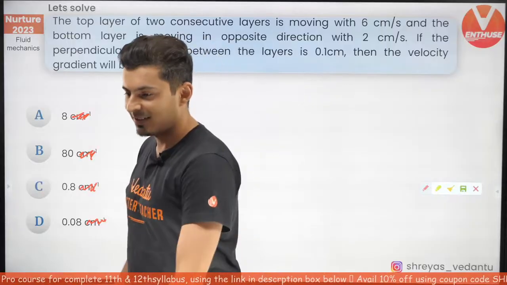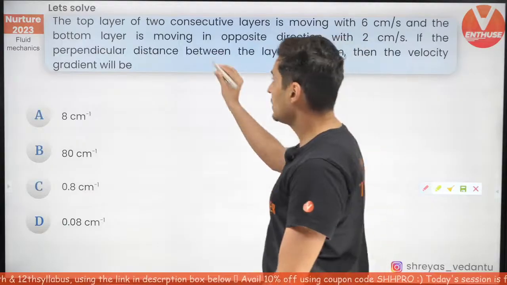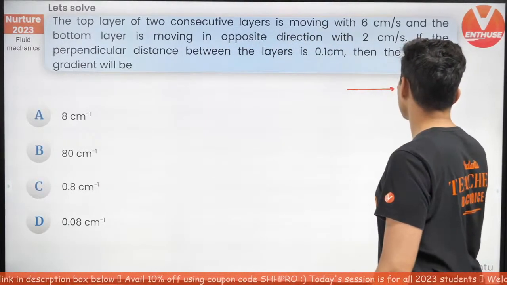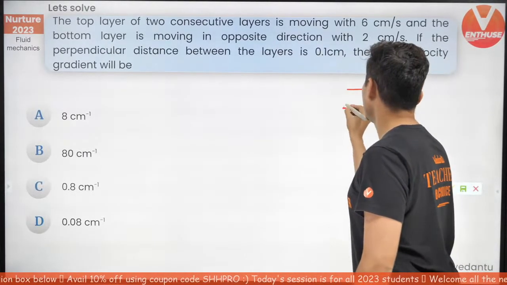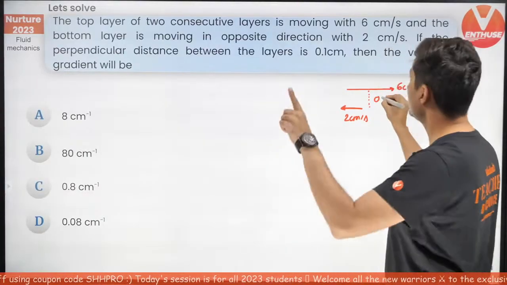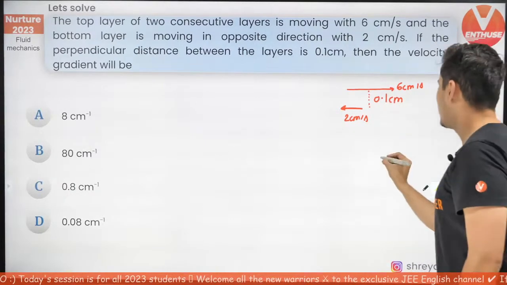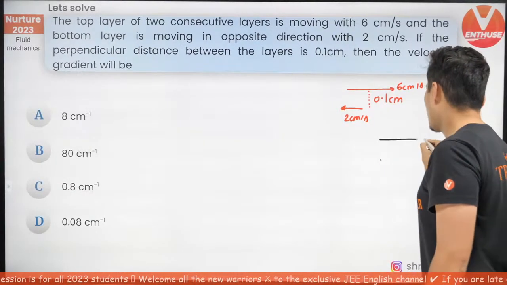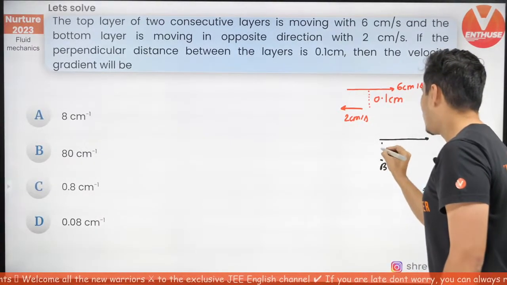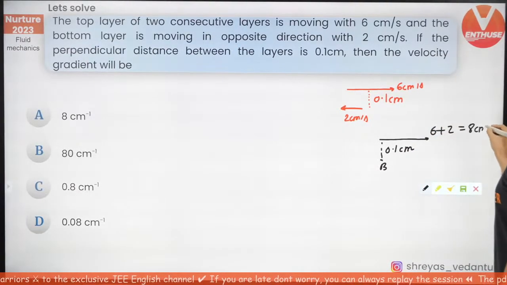Okay, B. All right. Here we go. Let's see whether it is correct or wrong. The topmost layer is moving with 6 centimeters per second. The bottommost layer is moving with 2 centimeters per second, and the distance between them is 0.1 centimeter. So strictly speaking, with respect to the bottom layer, the topmost layer is moving with 6 plus 2, which is 8 centimeters per second.